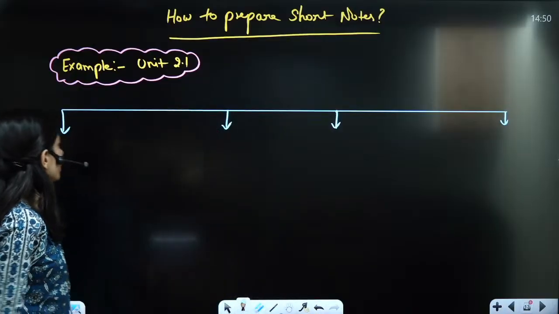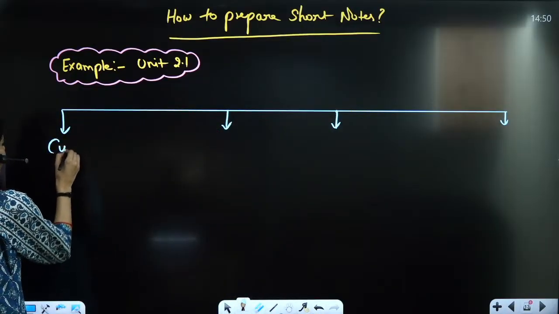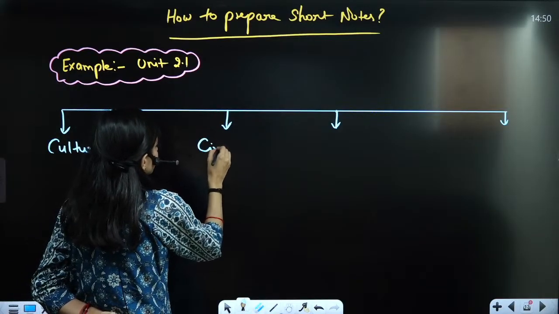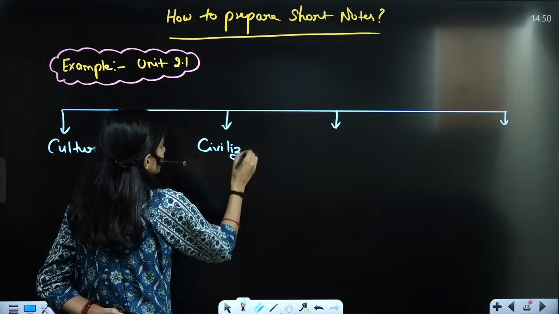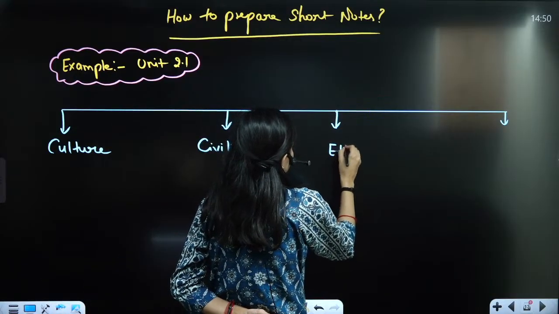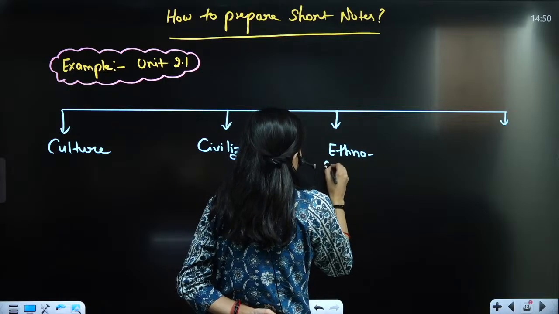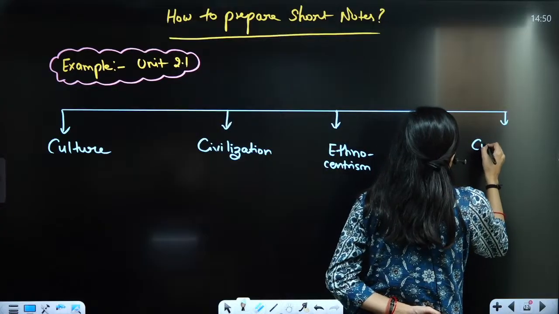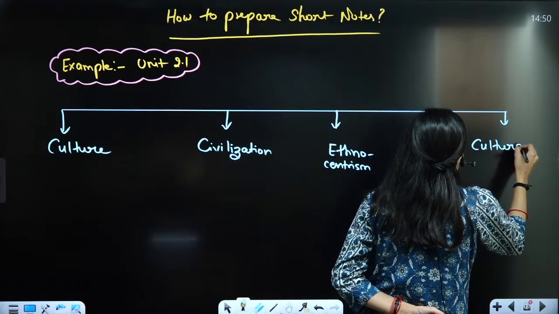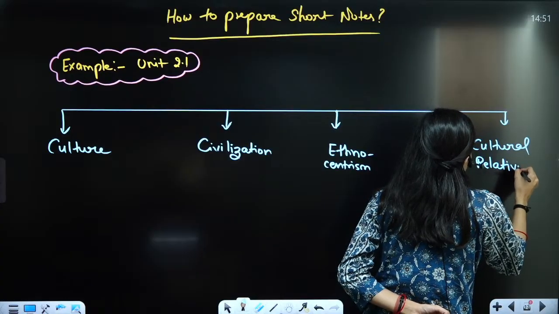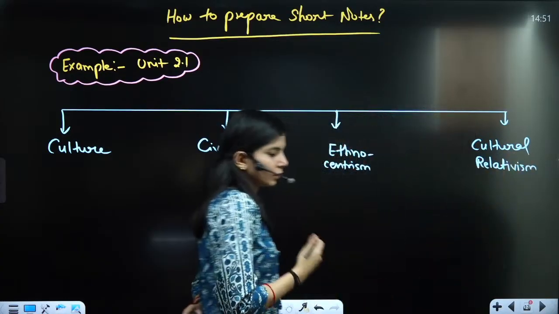Okay. First, here I would be writing culture. Here, civilization, ethnocentrism, cultural relativism. Okay.